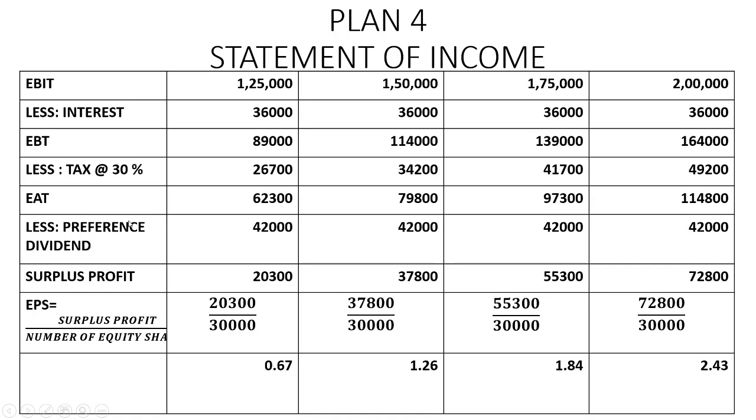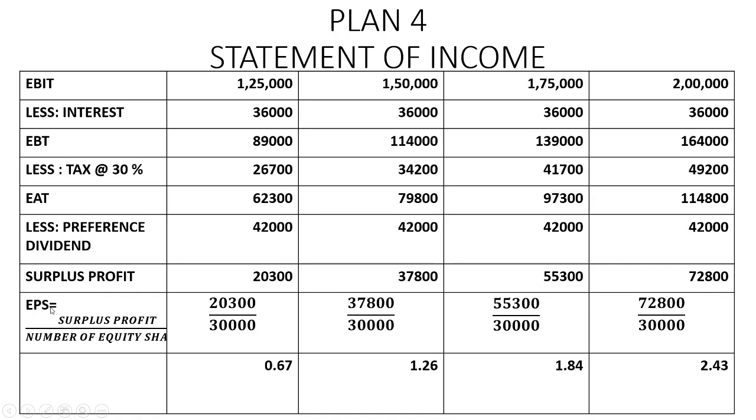From this, we have to deduct the preference dividend. Preference shares are 3 lakh and the preference dividend percentage is 14%. 3 lakh multiplied with the 14% amount is 42,000. When we deduct that, we get the surplus profit, that is 20,300, 37,800, 55,300 and 72,800.